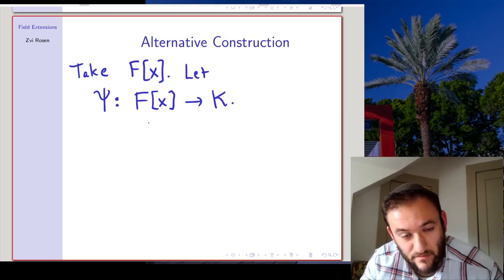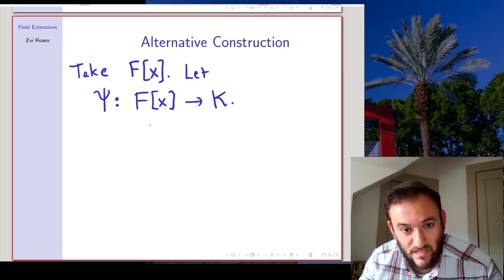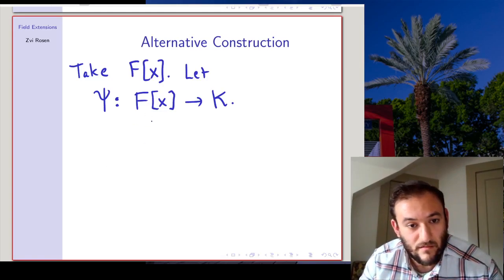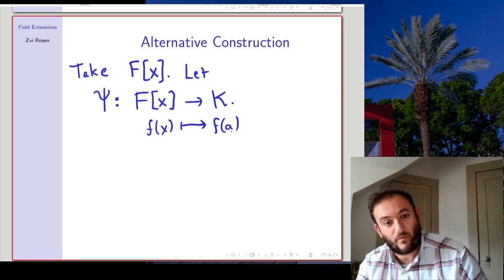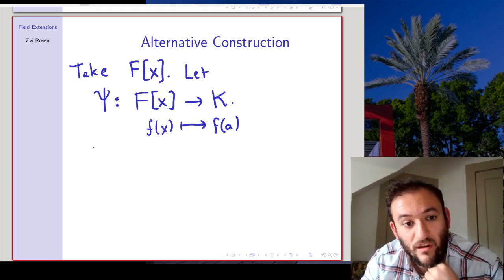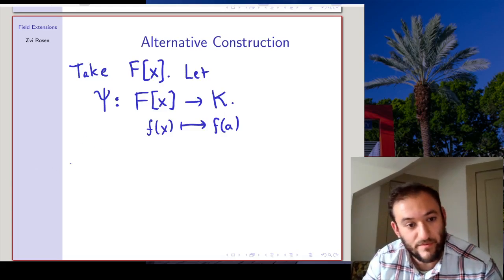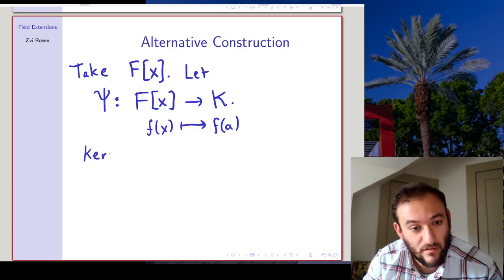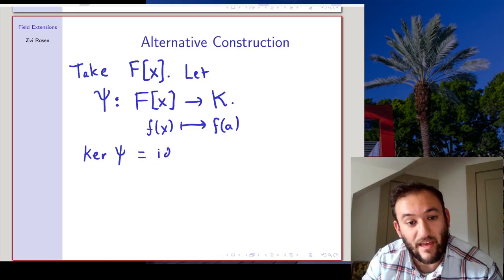We're going to take an element f(x) here, and we're going to map it to f(a) here. Now you want to consider what is the kernel of this map. The kernel of psi is the ideal generated by the minimal polynomial of a.